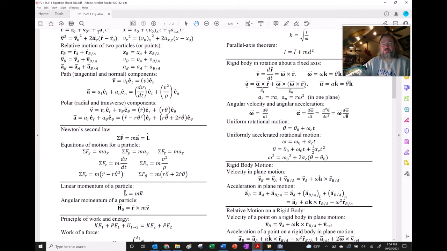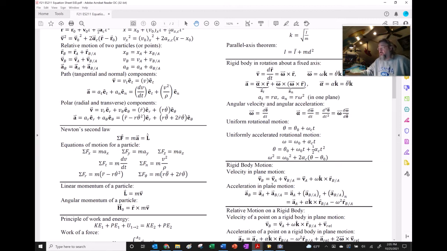So we could just write this equation for the acceleration of B. The acceleration of B is going to be equal to the acceleration of A plus the angular velocity of AB, k crossed with r of B with respect to A, minus omega AB squared times r of B with respect to A, right?